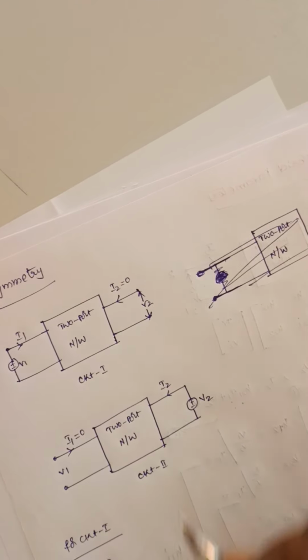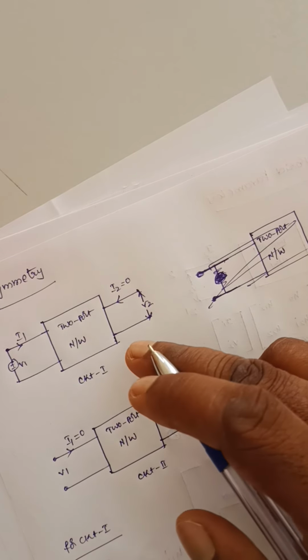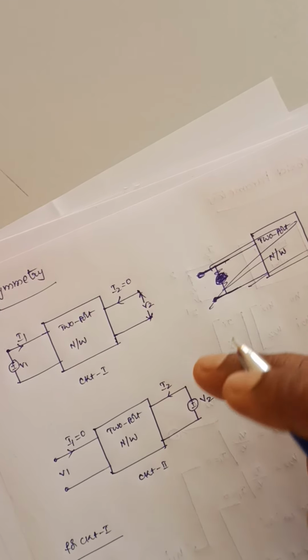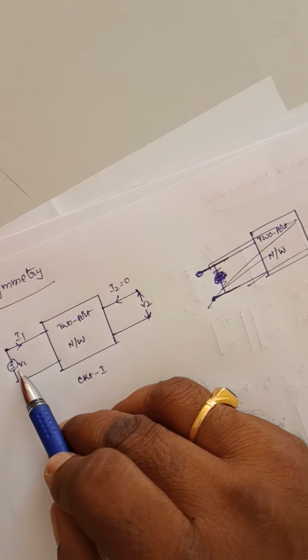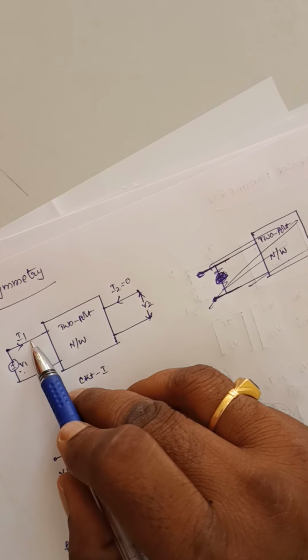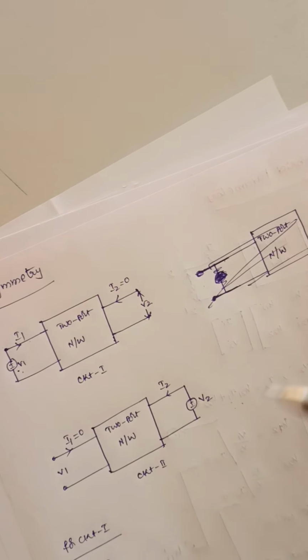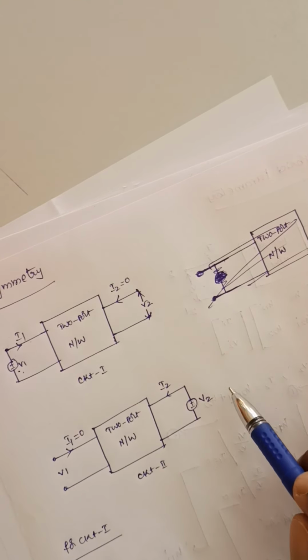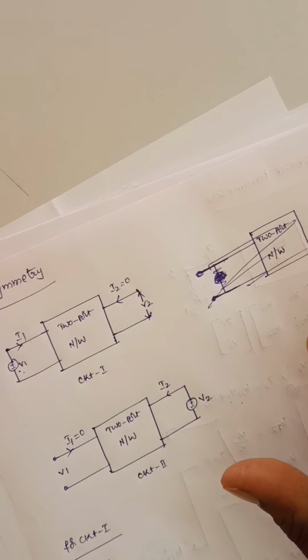Here we can say this two-port network is symmetrical if and only if the ratio of excitation at one port to the response at the same port should be equal even when the excitation and responses are interchanged.